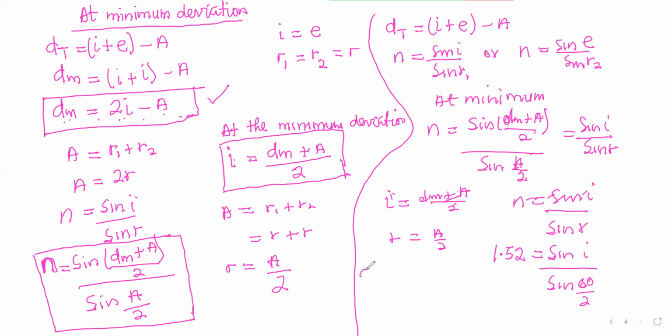So I have sine I being equal to 1.52 times sine 30 degrees. Class, are you following? Yes, sir. Sine 30 is half, so I have 1.52 times 0.5. Help me find I. So multiply this by this and find the sine inverse.